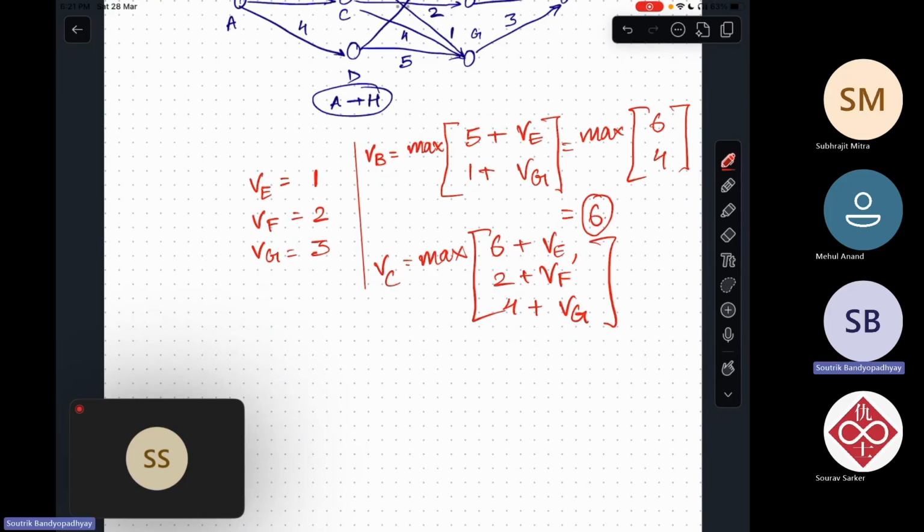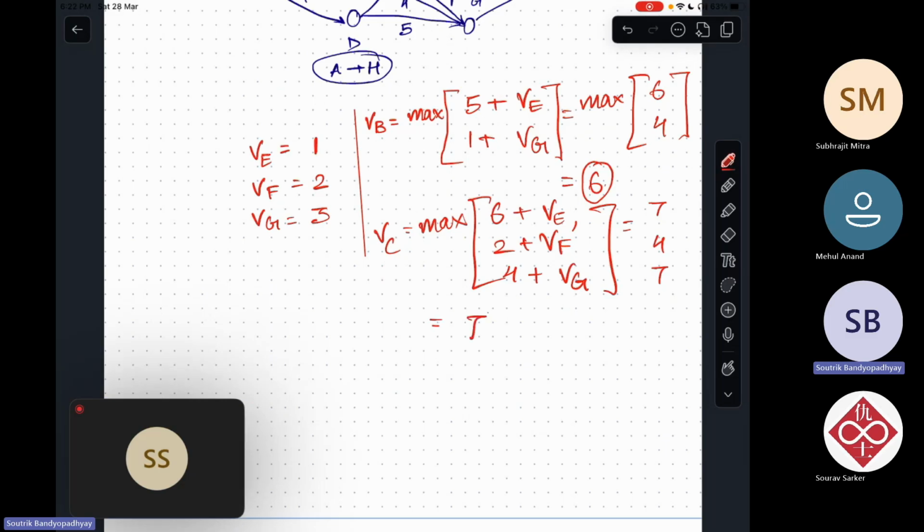So let's substitute these values. 6 plus 1 is 7. 2 plus 2 is 4. And 4 plus V of G is 7. So the max is 7, right?